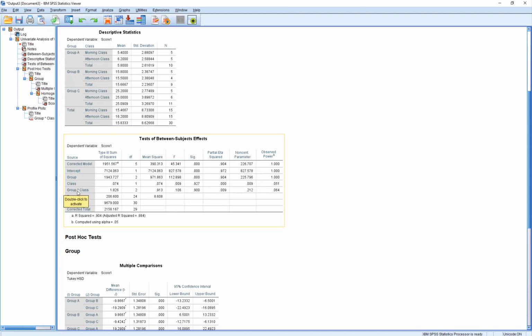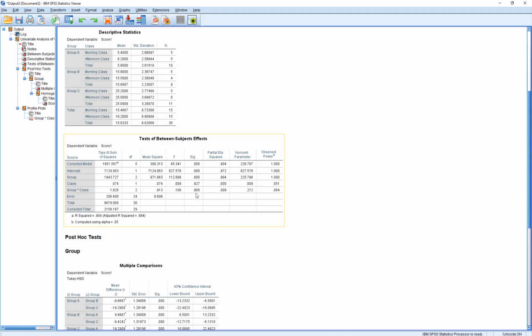When I look at group star class, this is the interaction that I was talking about earlier. An interaction is looking at both independent variables together to see if there is a significant difference in one group if they also belong to another group. So did we see a difference in group, and did we see a different difference in group if we were looking at morning class group versus afternoon class group?